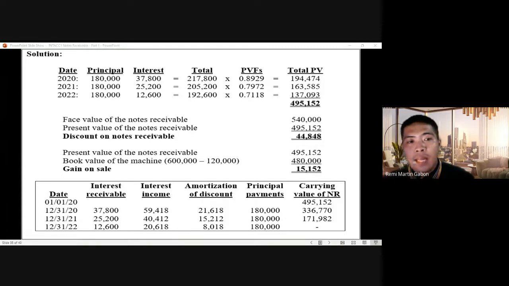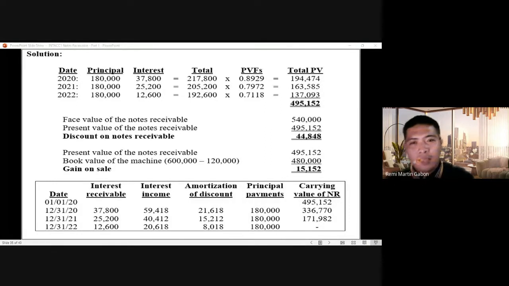Since present na si amortization, na-compute na natin, i-add natin si amortization doon sa interest receivable para makuha si interest income. Yung ginagawa natin guys, nag-a-adjust tayo, we work back natin yung ibang figures. Because if we're going to follow 171,982 times 12%, lalabas is 2673.84.